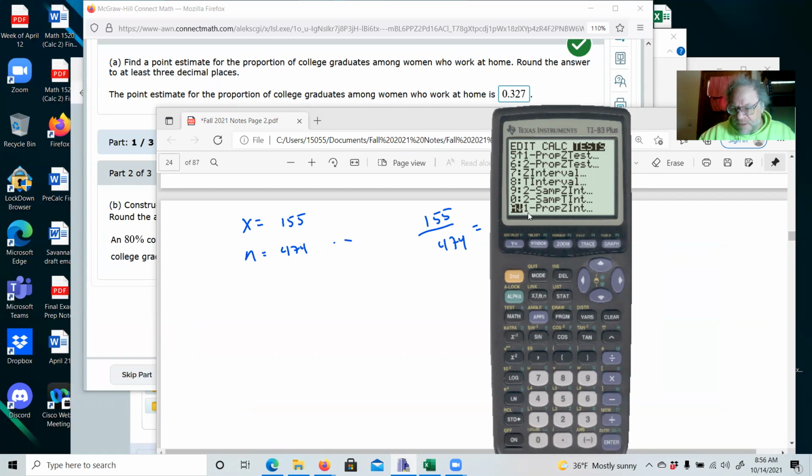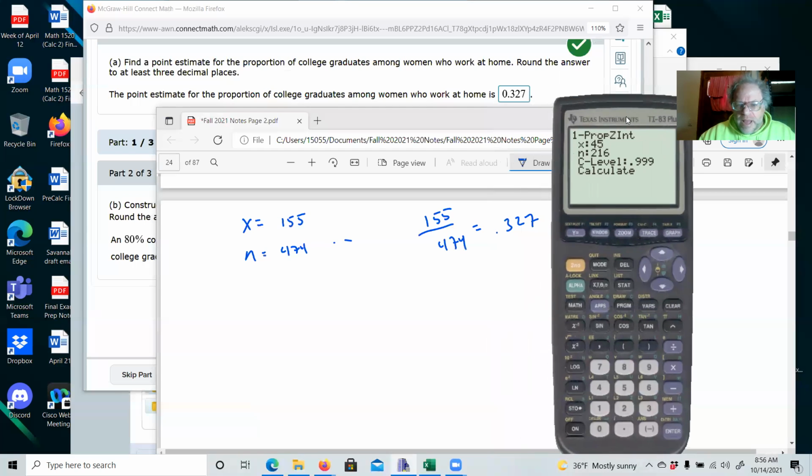But what we care about right now is the one proportion interval. We're just going to type in the values: 155 for X, 474 for N, and we want a 0.80 confidence interval.